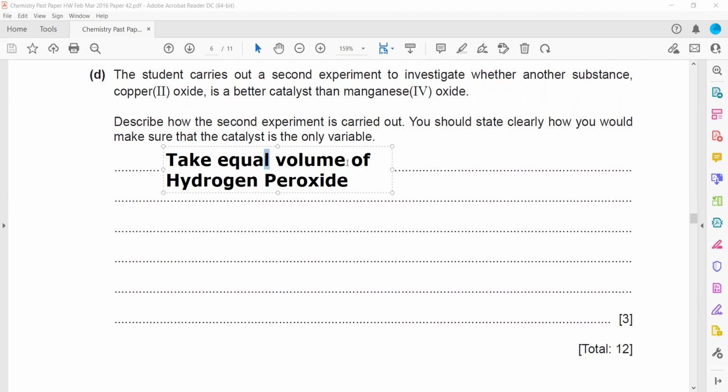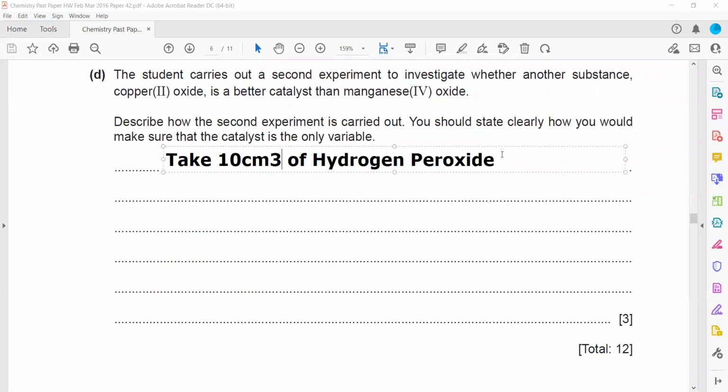Then we will measure the mass of copper 2 oxide, which we want to identify. Whenever a substance is a catalyst, we measure the mass before the reaction and after the reaction. To be a catalyst, chemically it should not change, the mass should not change, and it alters the rate of the reaction. Then we will add copper oxide to hydrogen peroxide.